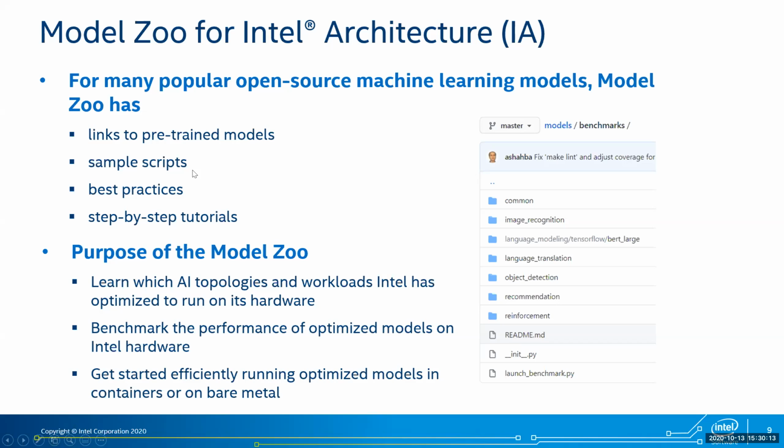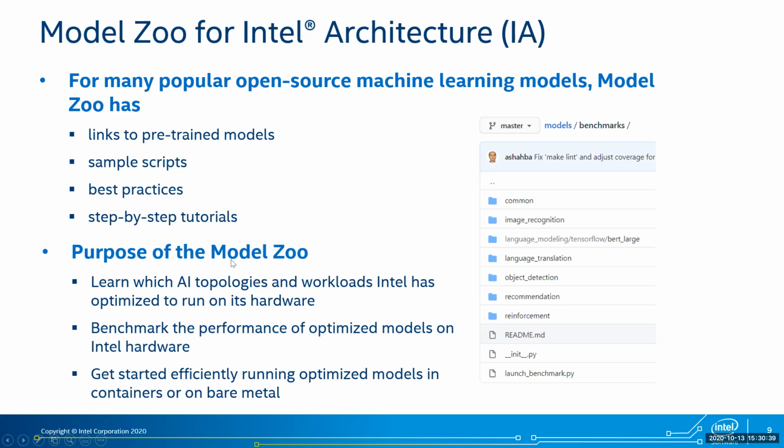Inside the documentation, we have suggestions and best known methods about how to configure OpenMP for a specific model. We also have a step-by-step tutorial. Our tutorial actually uses Model Zoo, so you can understand it better when we cover the tutorial session.